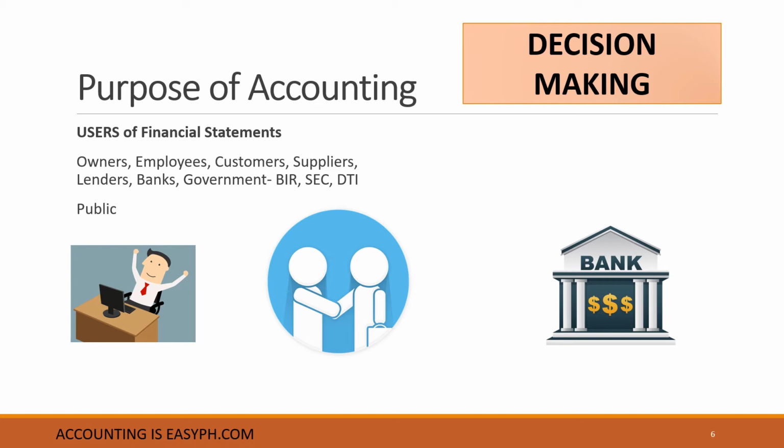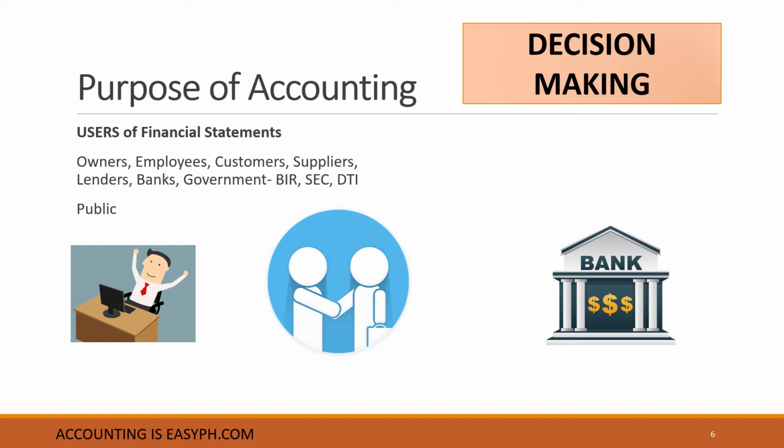For the customer, in the long term, especially on contracts, they are dependent on the product of the company. So they want to know whether the company is stable and can sustain its operation. And the last is the general public. They are interested in the financial statements for some reason, maybe for research or other analyses.